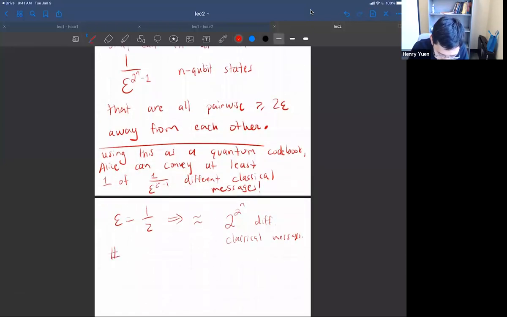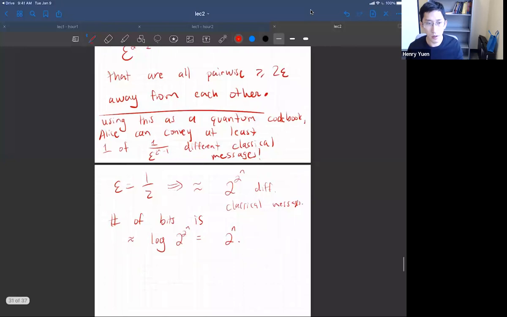So the number of bits is going to be roughly log of 2 to the 2 to the n, which is equal to 2 to the n. So this is roughly the number of classical bits that Alice will be able to convey to Bob using this quantum codebook.